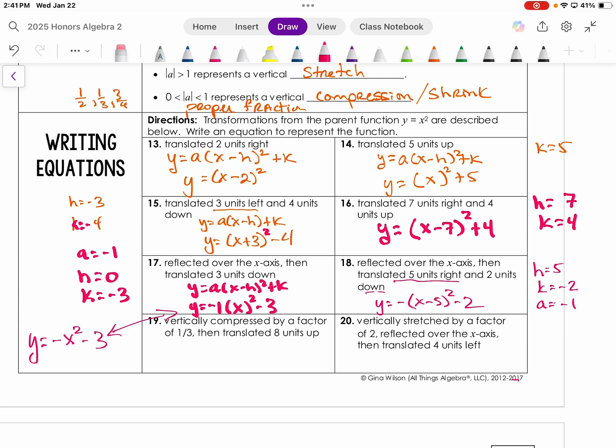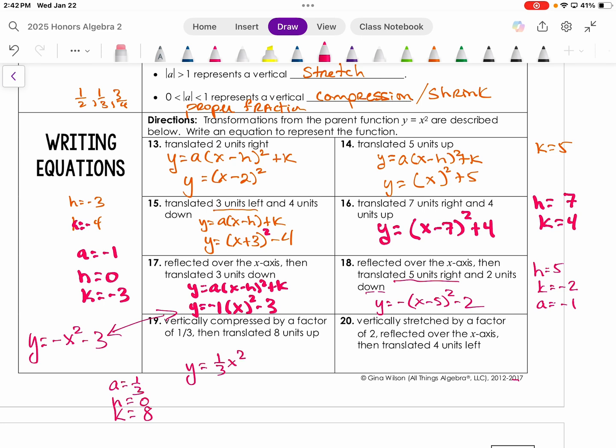Number 19, they say it is vertically compressed. So a is 1/3. Translated up 8 units, so k is equal to 8. Since they didn't mention side to side, that means h has to be 0. So as I go to write this, y equals 1/3 x squared.